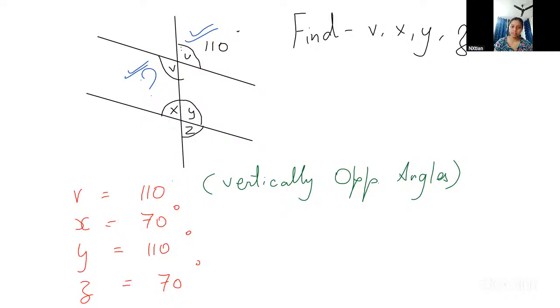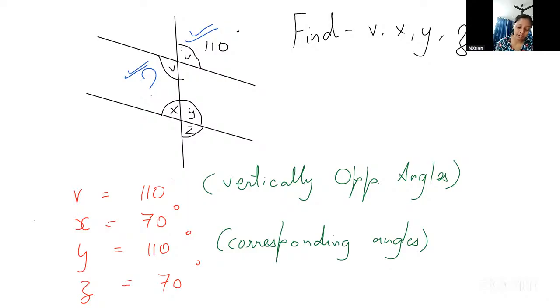Now, Y is equal to U. Y is 110 because of corresponding angles. And X is equal to 70.